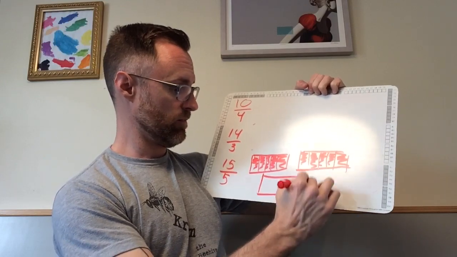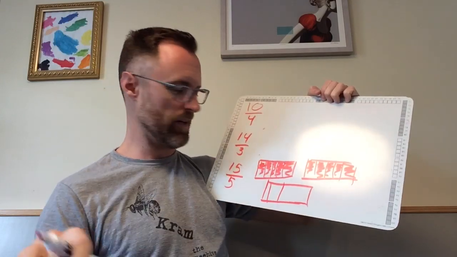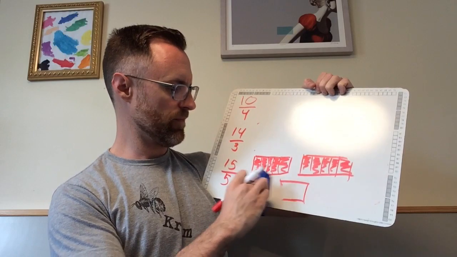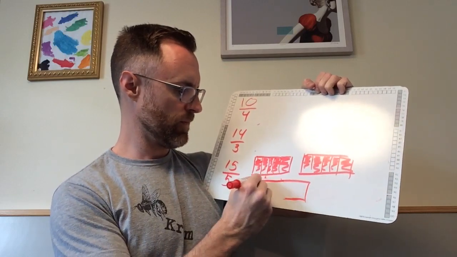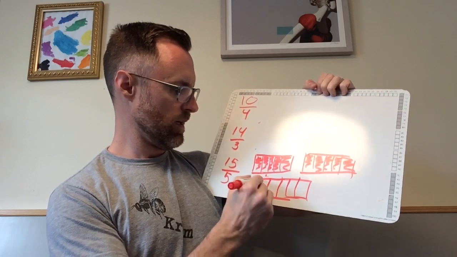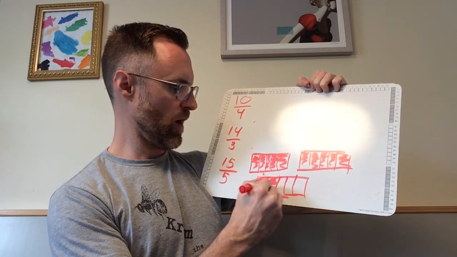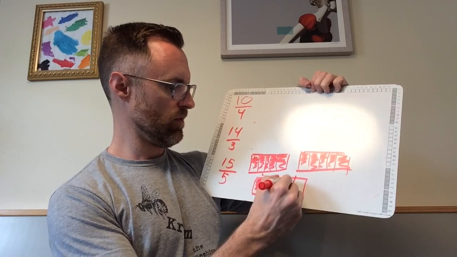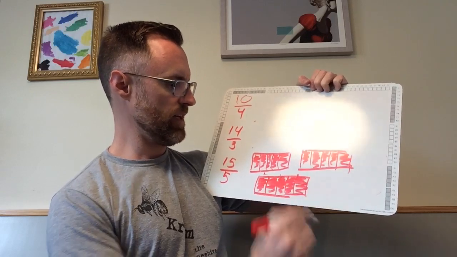I'm getting there. Oh, it's not very good. Sorry. It's 10 so far. 11, 12, 13, 14, 15.